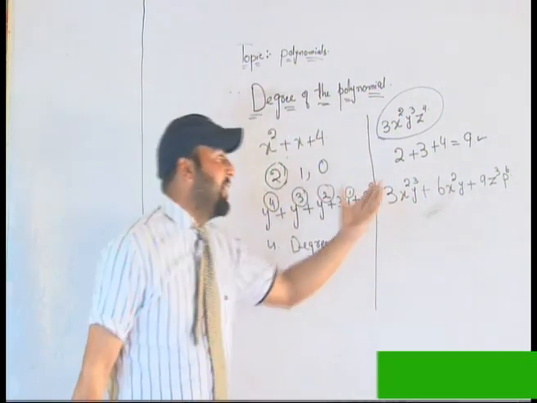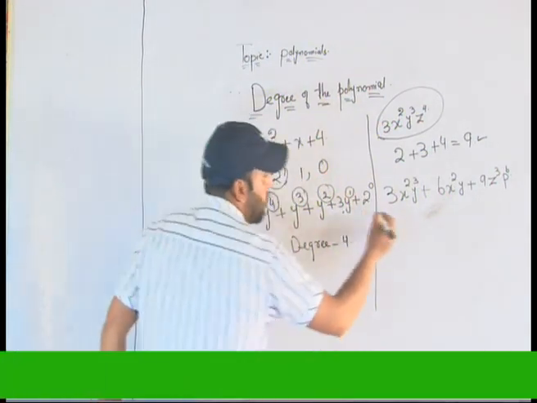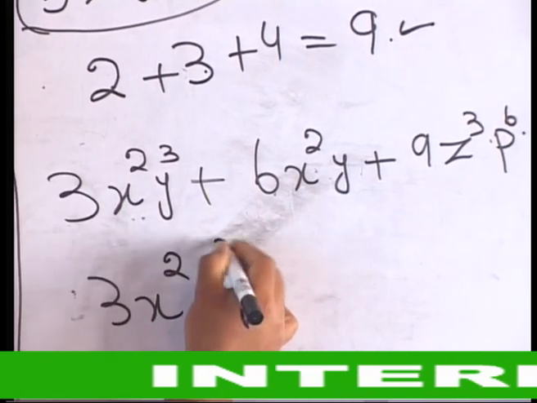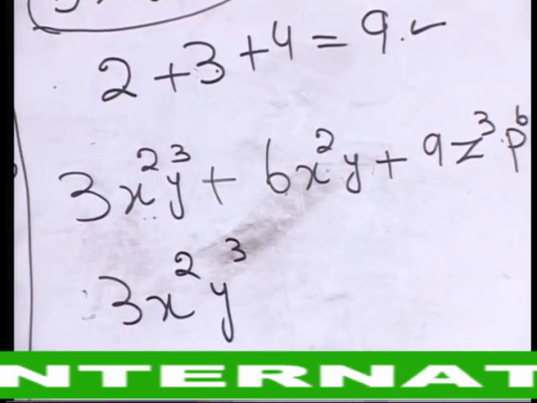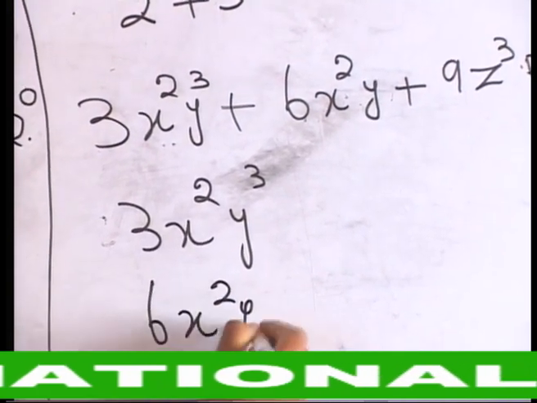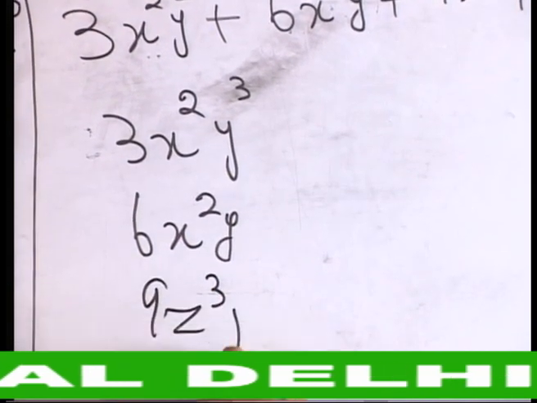Now you have to find the degree of this polynomial. What is the way? You have to take all terms of this polynomial. The first term is 3x square y cube. The other term is 6x square y. The third term is 9z cube p raised to power 6.